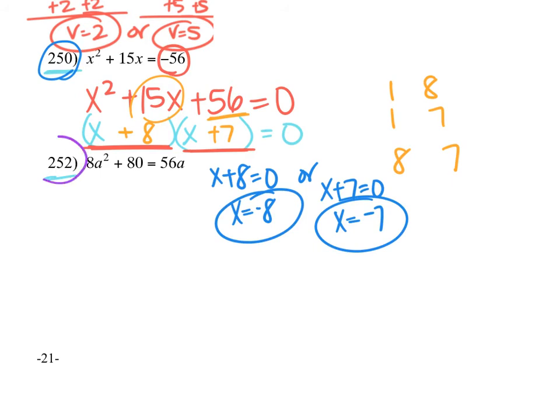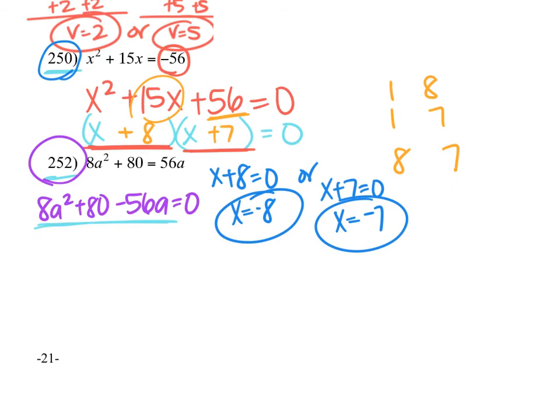Okay, so 252, again, it does not equal 0 yet, so I'm going to have 8a squared plus 80 minus 56a equals 0. And if you notice, they're kind of out of order. The exponents should always go in decreasing order, so from largest to smallest.